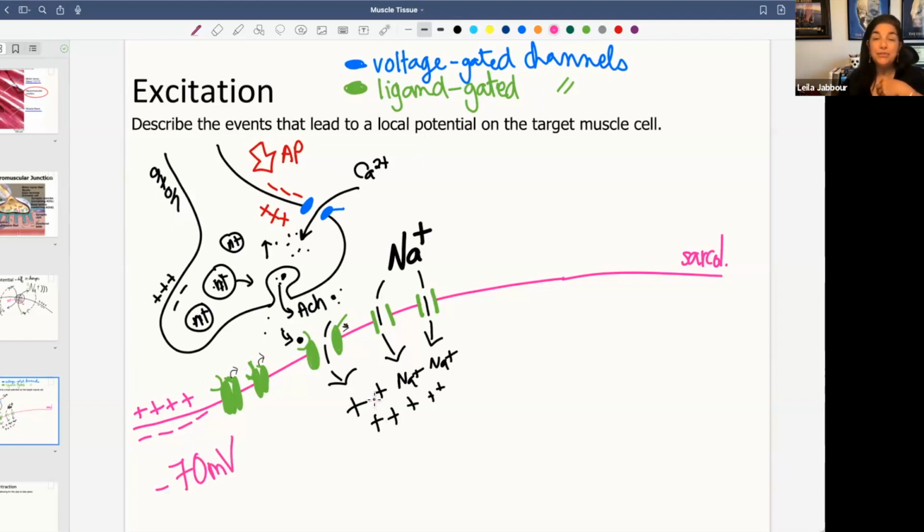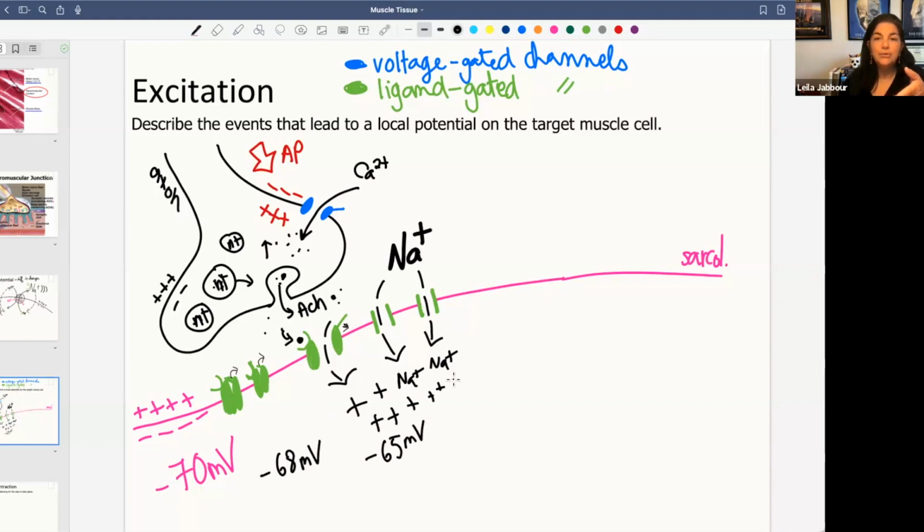If you add positive charges inside the cell, you're going to start tweaking that potential. It's not going to be negative 70 millivolts. It's going to be less and less negative because you're bringing plus charges that are canceling some of these negative charges. So it goes from negative 70 to maybe negative 68 millivolts, negative 65 millivolts.